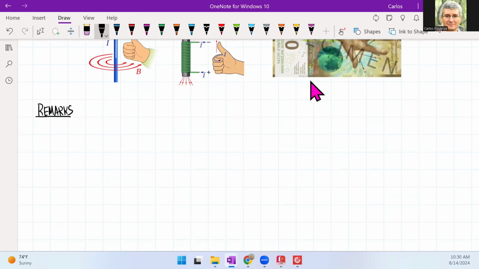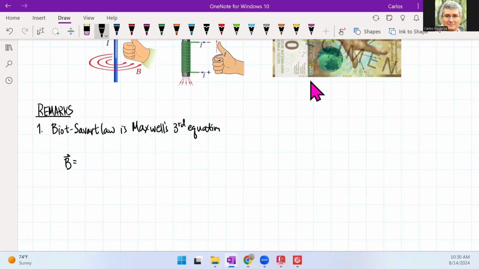The first thing is we said that the Biot-Savart law is Maxwell's third equation, so it has to look something like this.